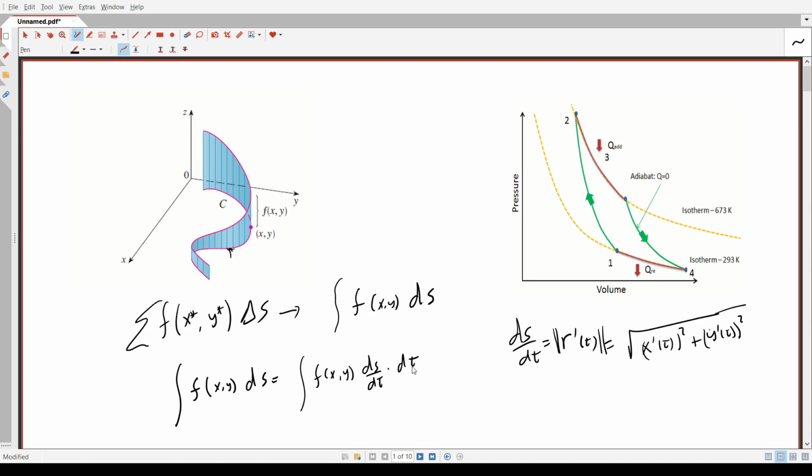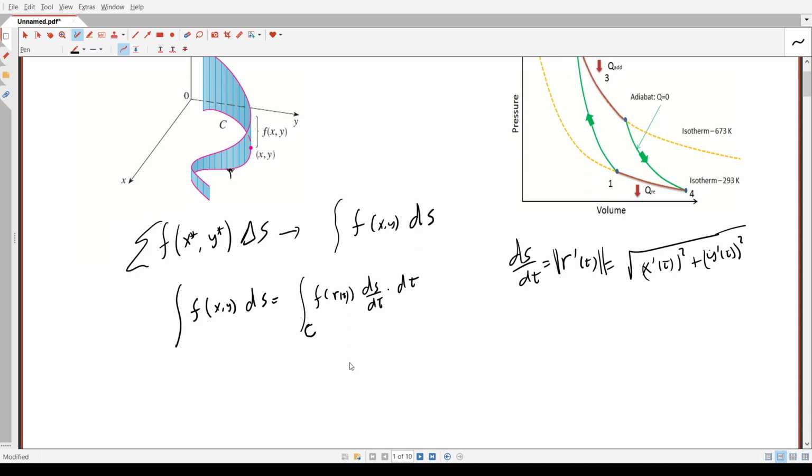Now I want to restrict this to only integrating over a certain curve, right? That's the only way this t makes sense. So I'm going to put C here for whatever curve I'm integrating over. This is going to be r of t.